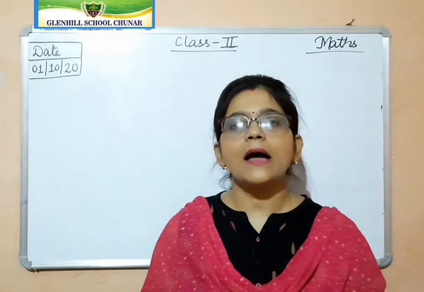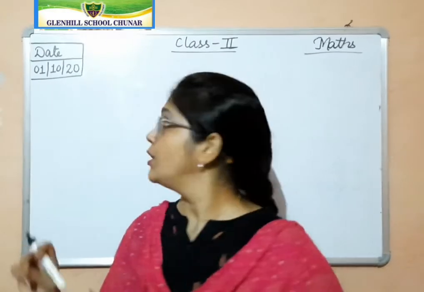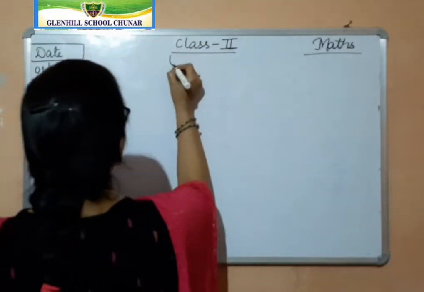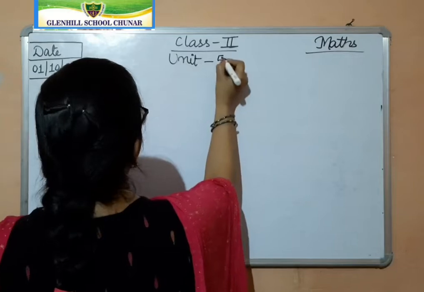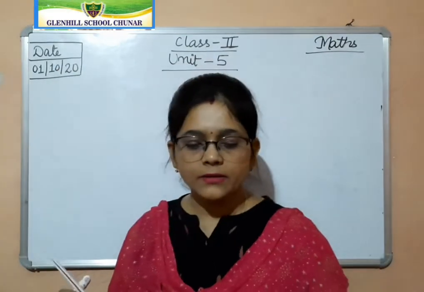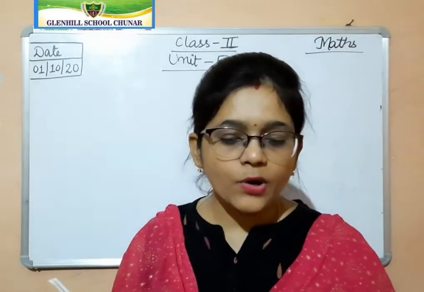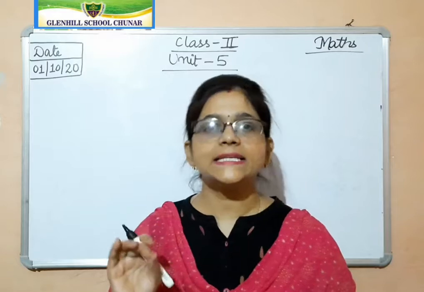Now today student, I am going to start a new chapter, that is Unit 5, okay? Here in Unit 5 you are going to learn about the addition and subtraction of 3-digit number.